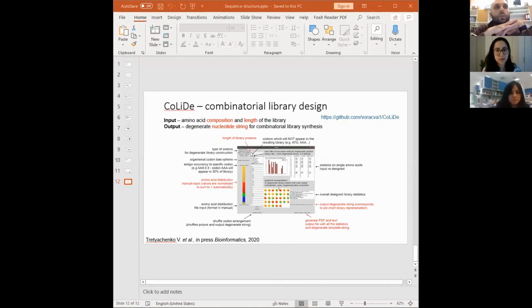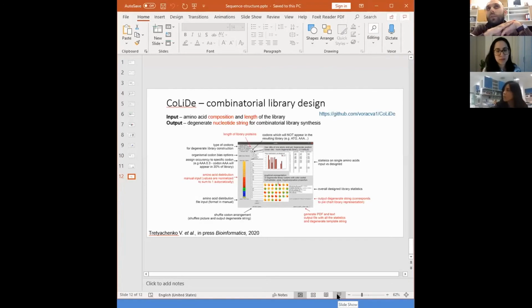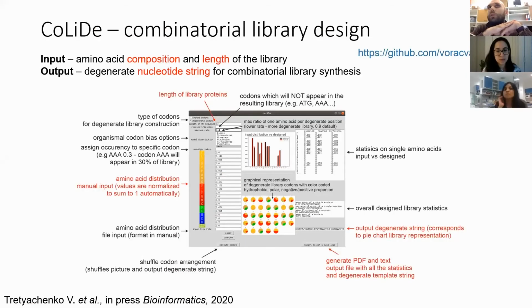The software works with degenerate codons. That means that the input for prediction is just the amino acid ratios which you need in your protein, and also the length of the proteins in the final library.